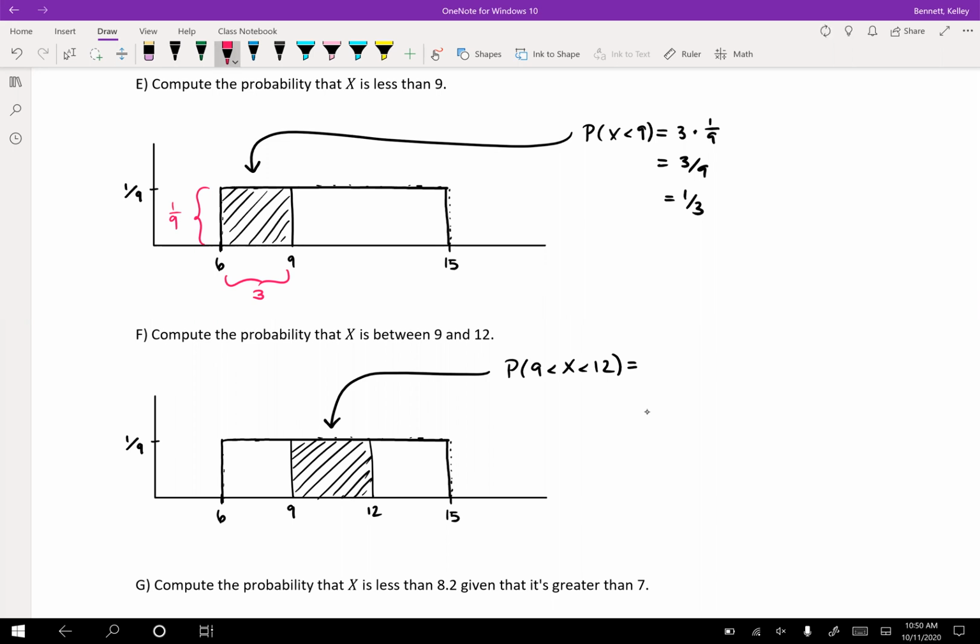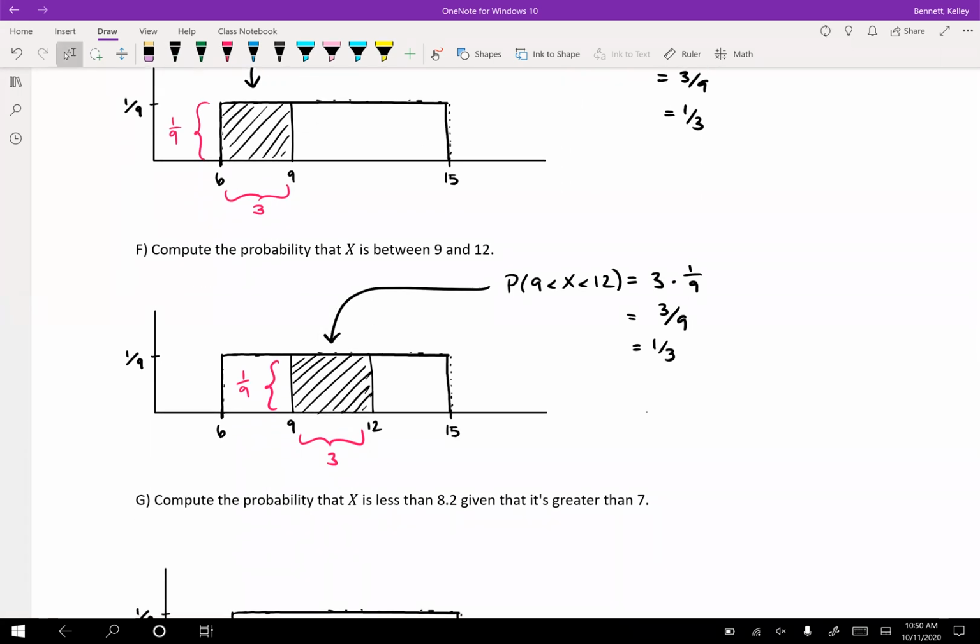And guess what? It's also 1/3. So these 3 problems right here, they just broke apart our total region in the rectangle into chunks of 3. So I'm going to have 3 times 1/9, base times height, give me 3/9 again, 1/3.